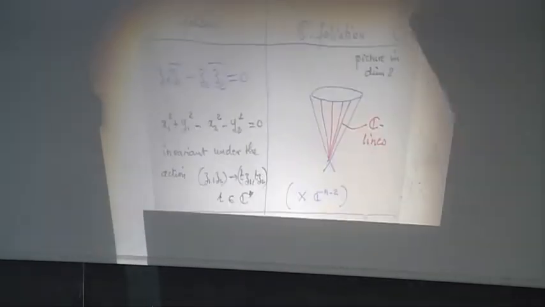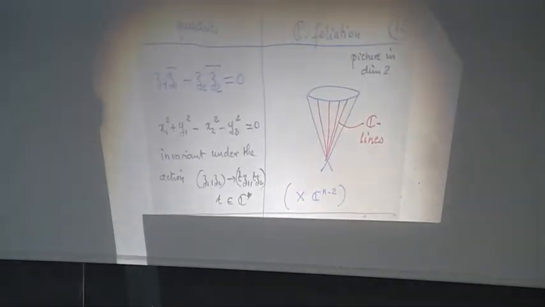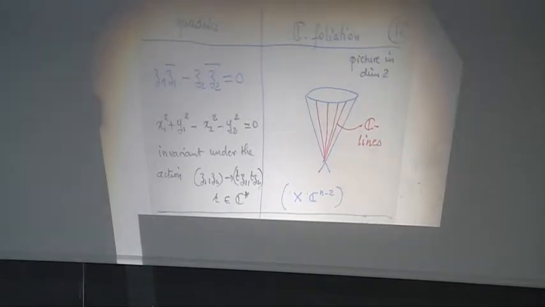The third example is a quadratic cone. In fact, here we are in Cn, but here also we have two variables. And the equation of the quadric is here, Z1 bar minus Z2 bar. And we remark that the action by multiplication by a complex number is compatible with this cone.